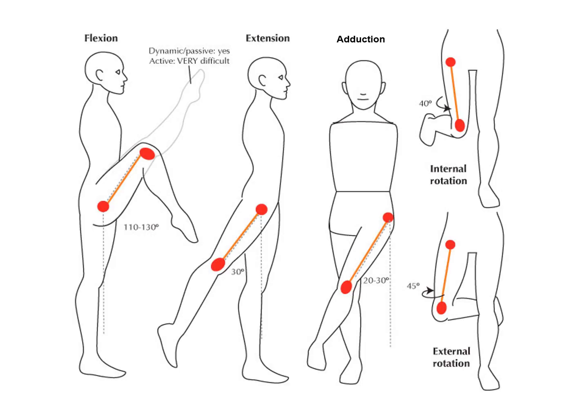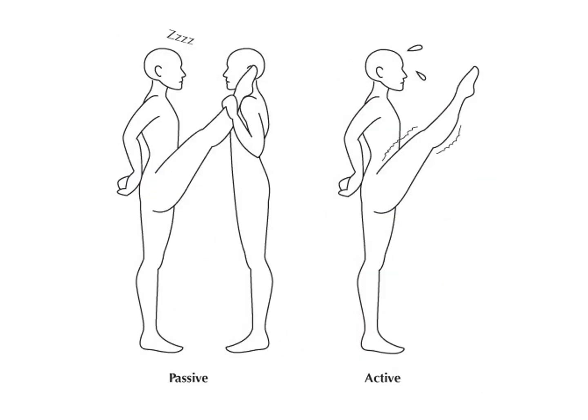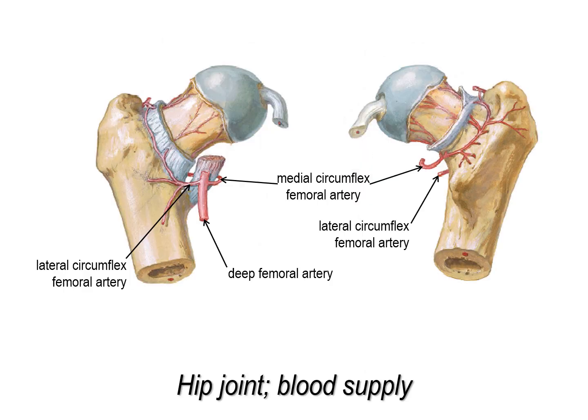Here are some examples of movements at the hip joint. You can see flexion, extension, adduction, medial and lateral rotation. Movements could be passive and active.